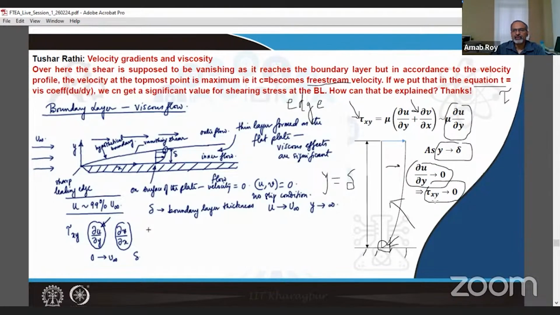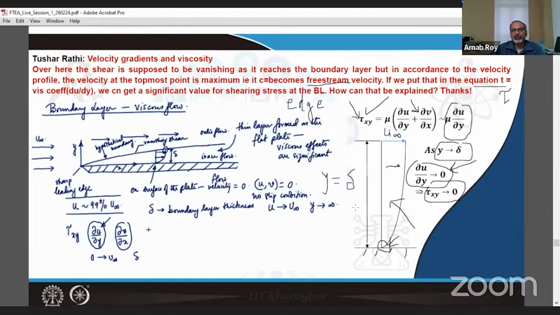So though the velocity is becoming large, tending towards u infinity as you go to the edge of the boundary layer, the velocity gradient and not the velocity is what is going to matter as far as the shear stress is concerned.